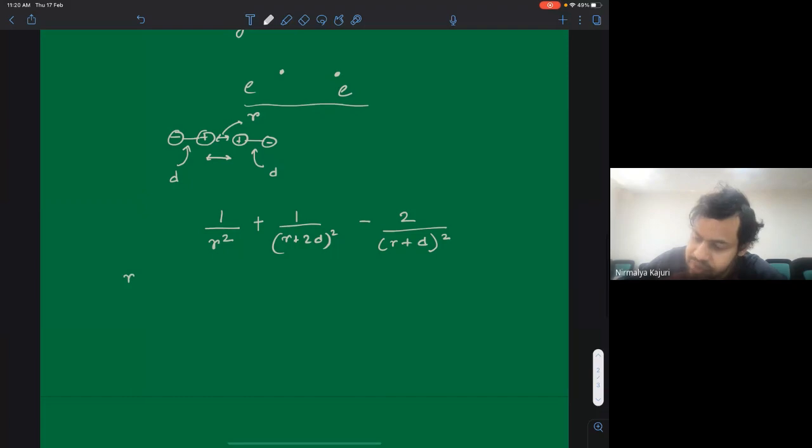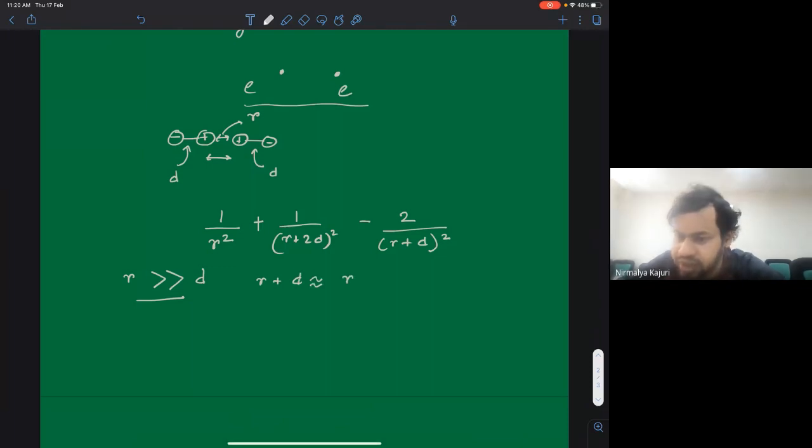Of course, if r is very large compared to d, so we write r much greater than d. I don't know if you have seen this symbol before, but this means that r is much larger than d. So d can be effectively neglected when we are talking about r. And so in that case, r plus d is almost equal to r.